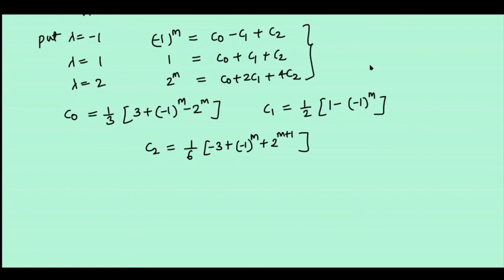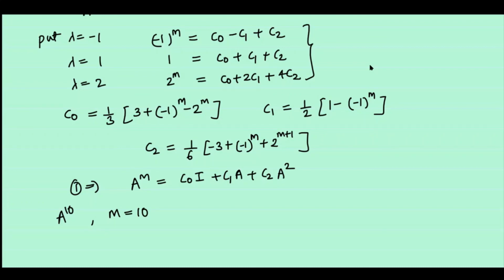So after getting C0, C1 and C2, we can substitute here. We have the general formula A raised to m equal to C0 I plus C1 A plus C2 A square, our equation number 1. So for example, if we want to compute A raised to 10, we have to put m equal to 10 here. So in this equation, if you put m equal to 10, we will get C0, C1 and C2, and then substitute in equation 1.